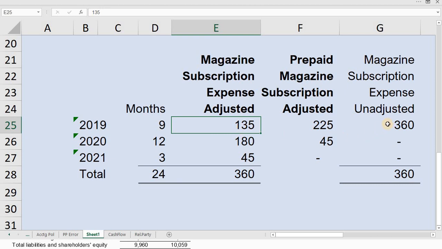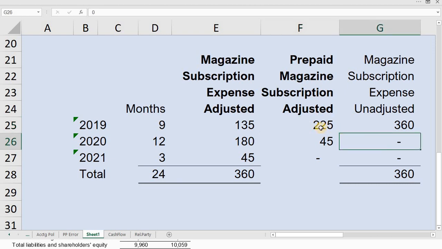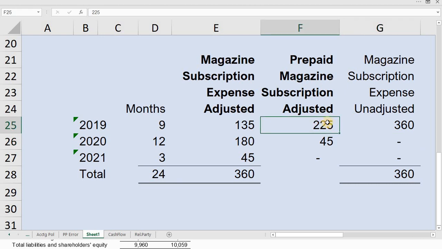And the difference between 360 and 135, or 225 pesos, should be recorded as an asset under the account prepaid magazine subscription. The 225 pesos prepaid magazine subscription in 2019 is to be expensed in 2020 at 180 pesos and 45 pesos in 2021.